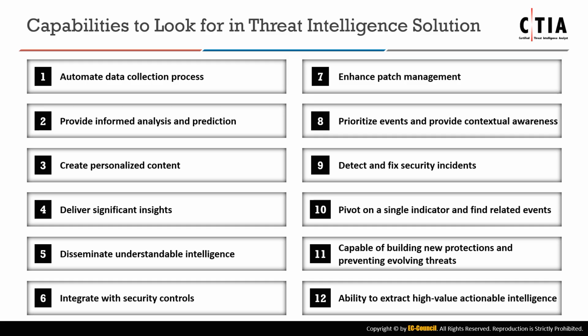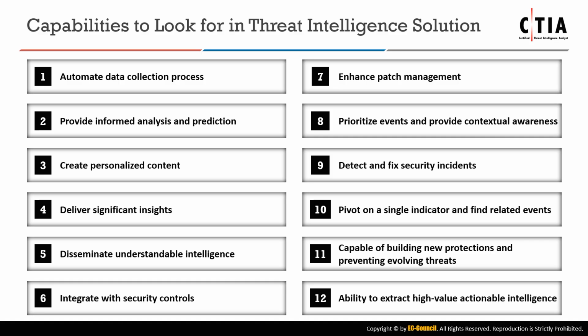Number 9, detect and fix security incidents. And this goes right with number 1, automation. We want to be able to automate any type of security incidents that we detect. That type of remediation, that type of automation is extremely important in the ever-increasing types of threats that we're facing.